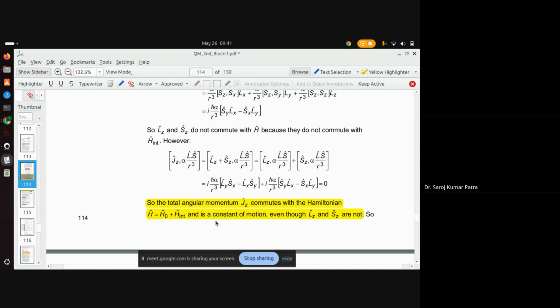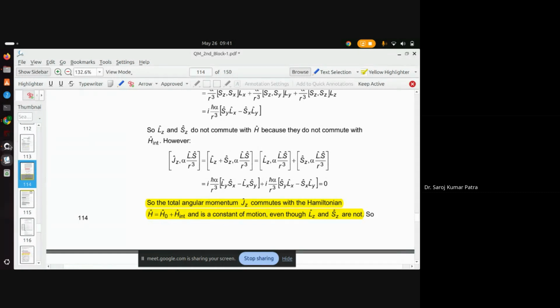So if we use our earlier result from yesterday, the time evolution: del Jz by del t will be equal to the commutator of Jz with the Hamiltonian. All of you remember that?